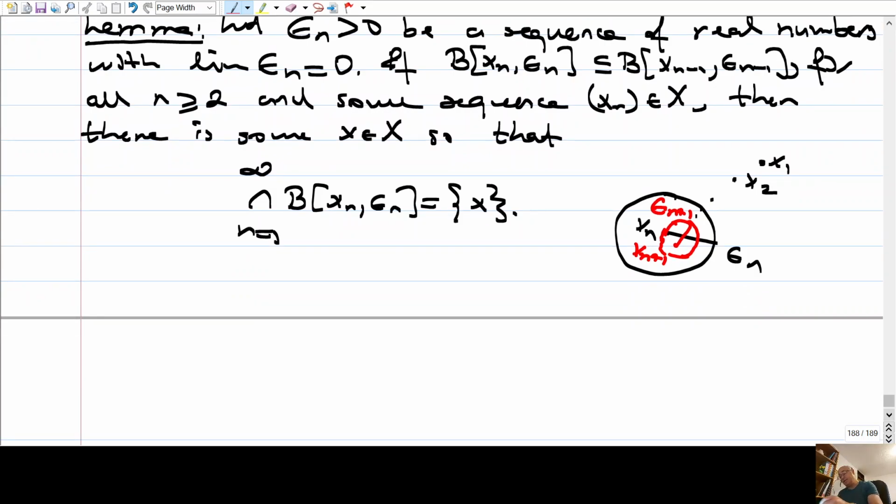In this case we see that the intersection of all these balls consists of a single point.